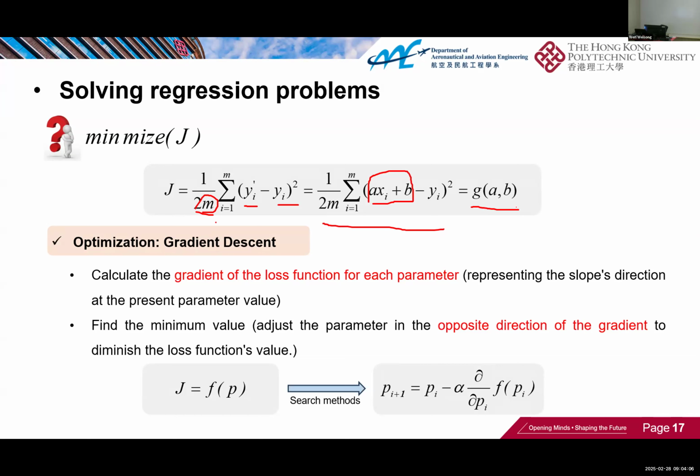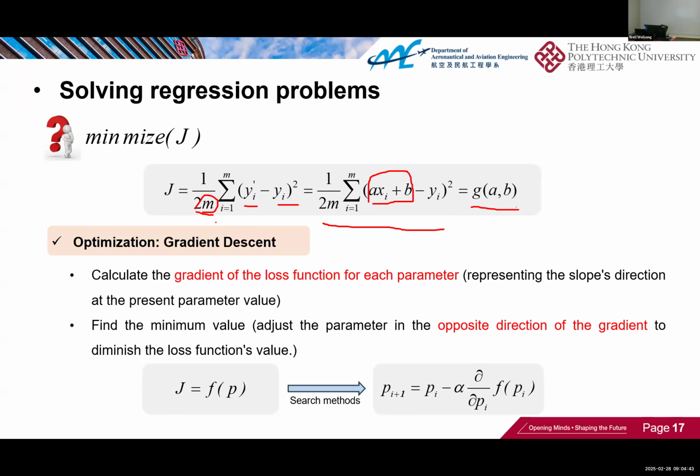So by minimizing the J function, we should be able to find A and B, finding the minimum value by adjusting the parameters A and B. At the beginning, you have no prior knowledge about how to choose A and B, but you can provide an initial guess, like setting A and B to 0, and gradually descend, following the gradient to approach the minimum solution.